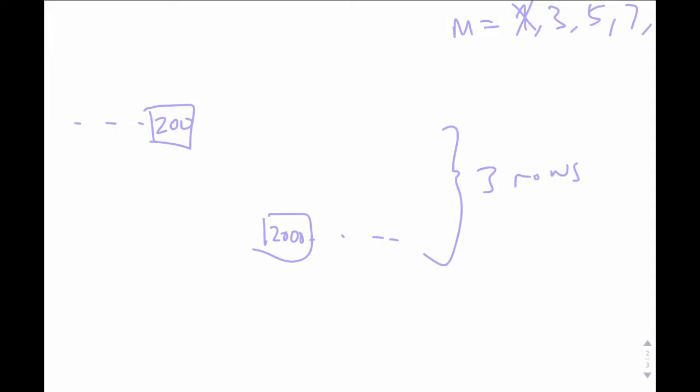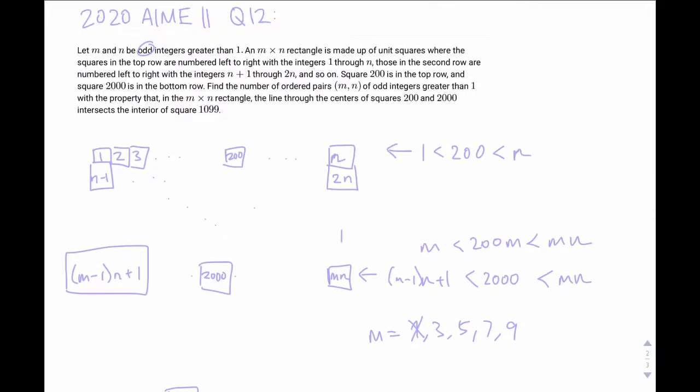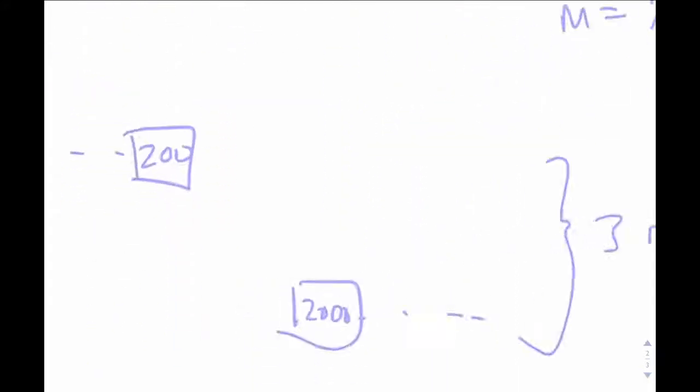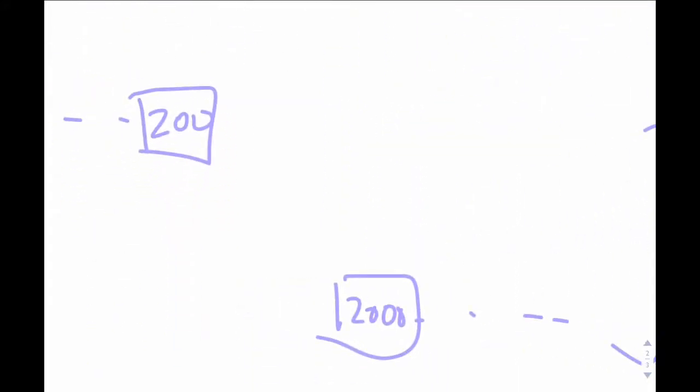Well, the question is asking us to find the number of ordered pairs such that the line through the centers of the squares 200 and 2000 intersects the interior of 1099. But notice that when we draw these two, it must also pass through the middle of the square 1100, because 1100 is exactly in between those two.